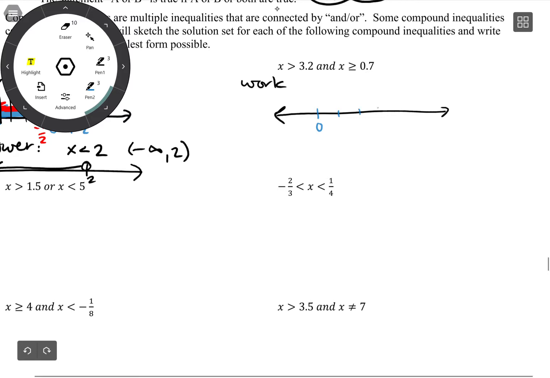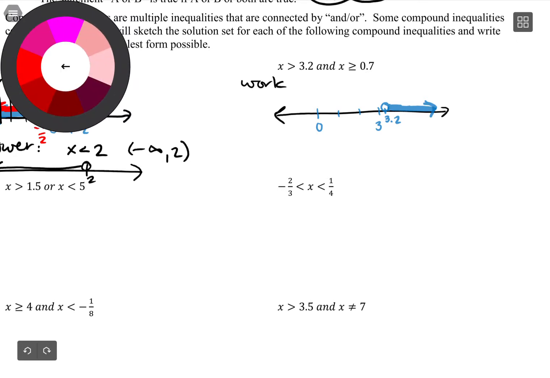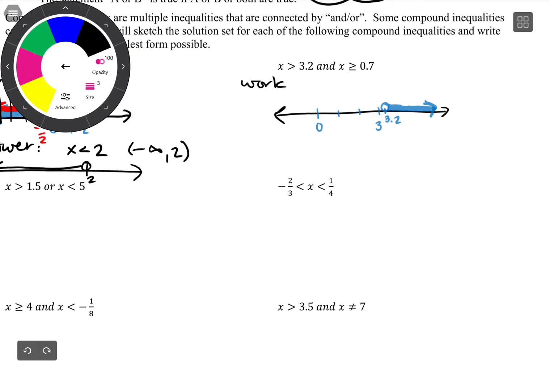So here's 3.2, pretend, and it gets an open circle, and we want everything bigger than 3.2. And then for the other one, we want everything greater than or equal to 0.7. So 0.7 is right around here, and we want a closed circle.